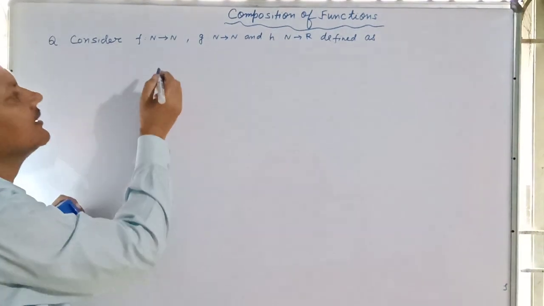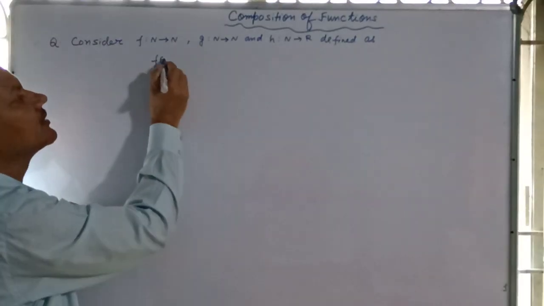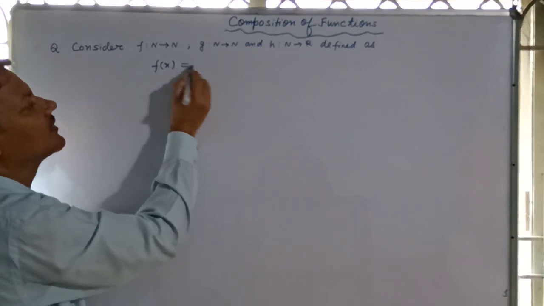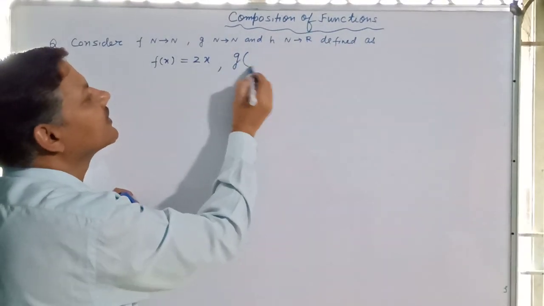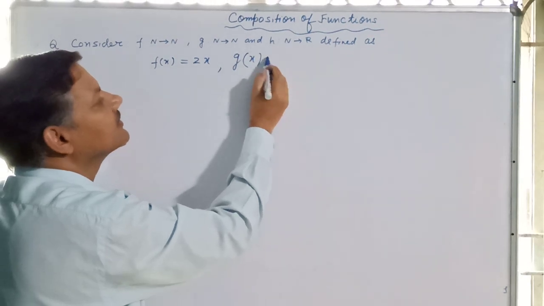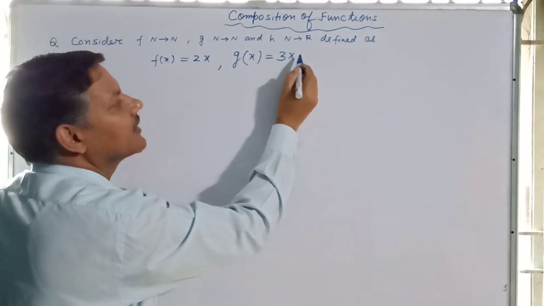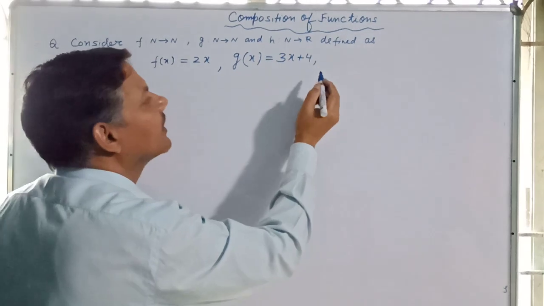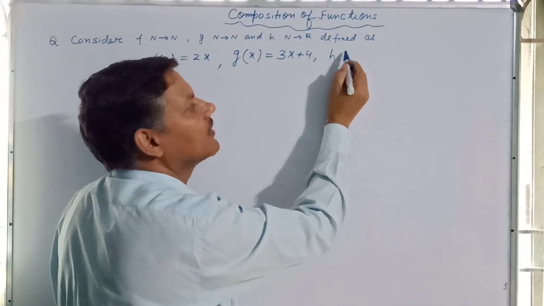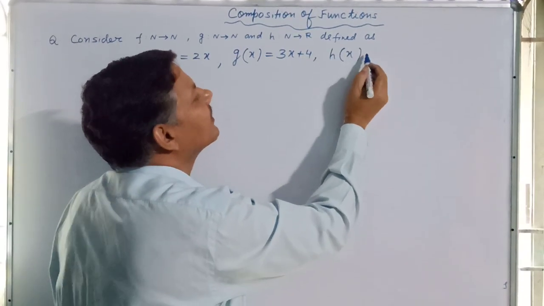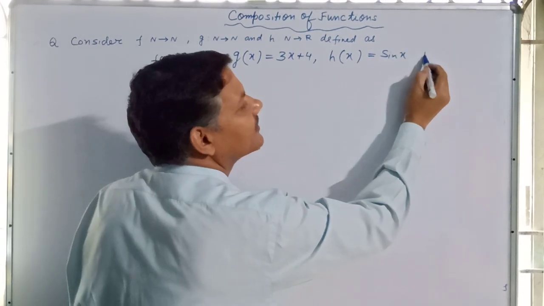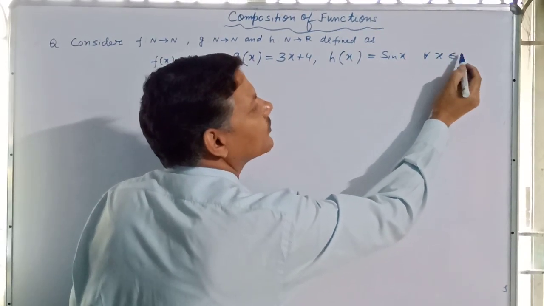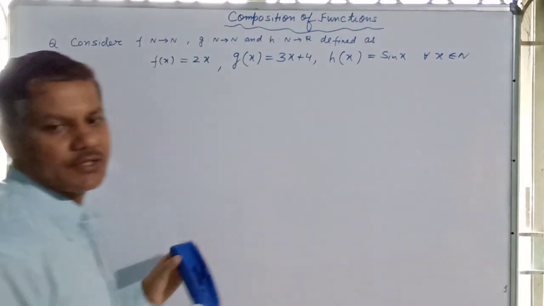Defined as: the image of the elements under f is 2x, the image of all the elements under g is 3x plus 4, and the image of all the elements x under h is sin x, for all x in the set of natural numbers.